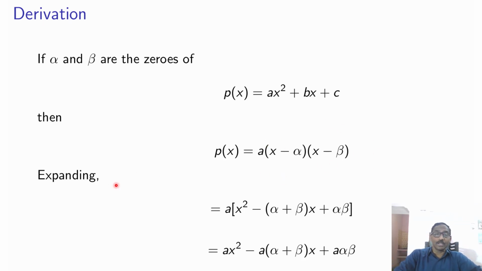Now expanding this, if we multiply these two factors, we get x square minus alpha plus beta times x plus alpha beta. So ax square minus a times alpha plus beta times x plus a times alpha beta.